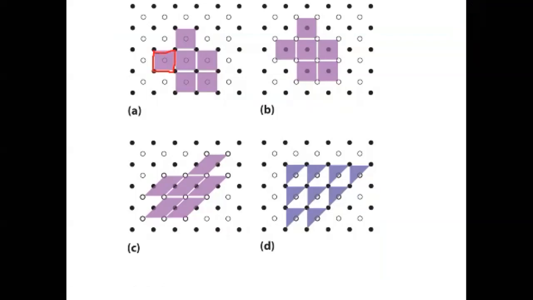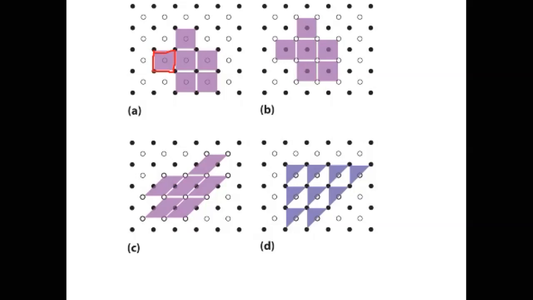Now for B, what we've done is we've assigned lattice points for the empty or unshaded dots. In A, we defined the shaded dots as the lattice points, and each unit cell in A contains, in the center of it, one unshaded circle.